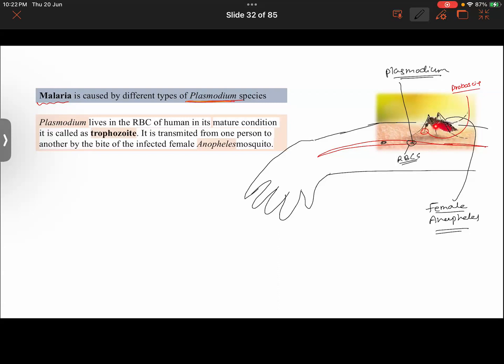So when it sits on a healthy person, will it not be transmitting the infection to the healthy person also? Yes, sir. Right, so in that manner malaria is transmitted from an infected person to a healthy person via the carrier, the female Anopheles mosquito.